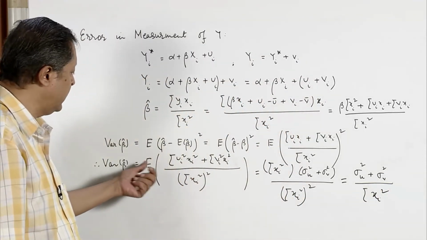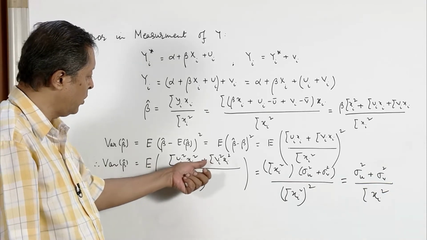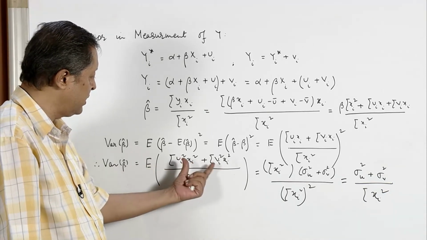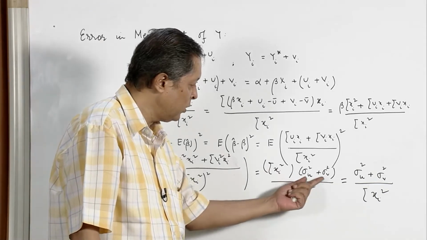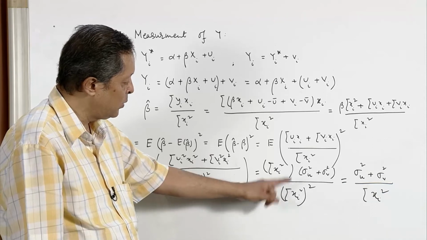So, this has one constant, summation xi square. This is another constant, summation xi square. So, summation xi square is common. Take the two constants and put them in a bracket, and xi square gets cancelled with xi square whole square.